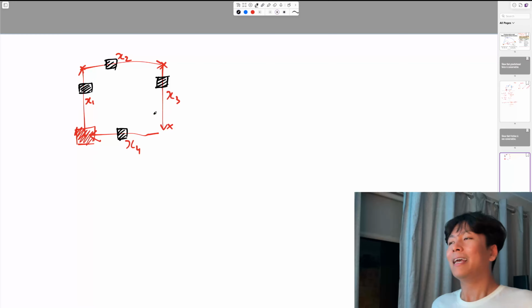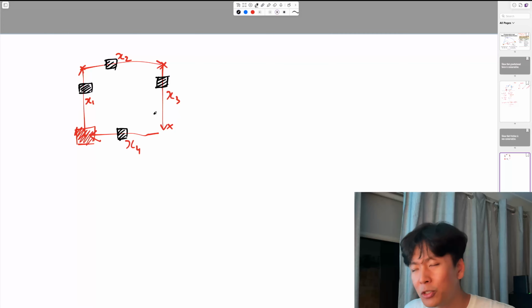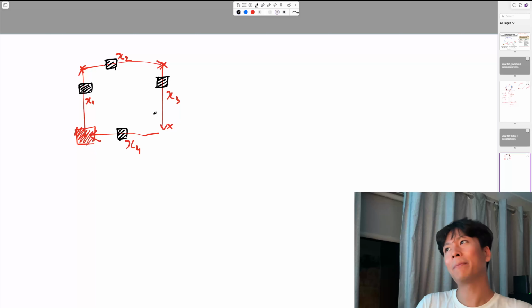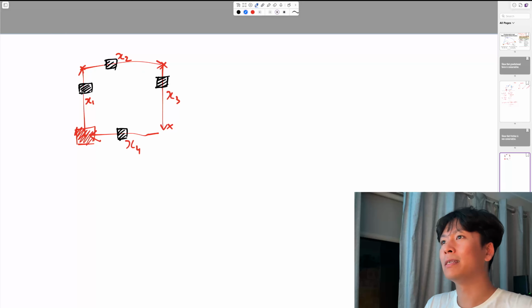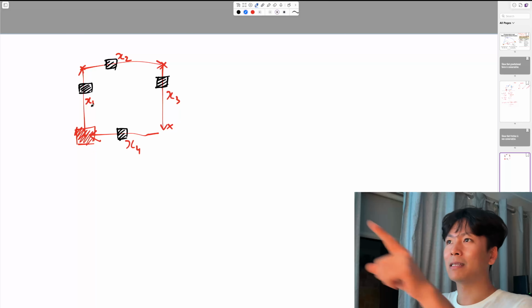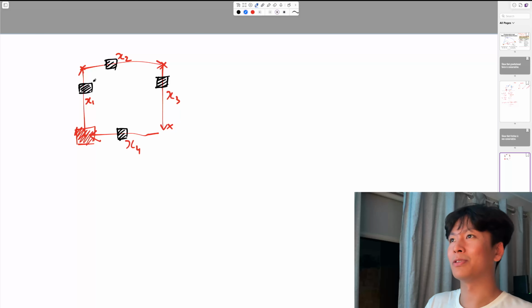Okay. Now, friction. What's special about friction is that friction always opposes motion. So what does that mean? That means that the force of friction actually changes direction as I go around in the loop. So at this point here, because in x1 the box is going up, going north, friction is going to act this way.